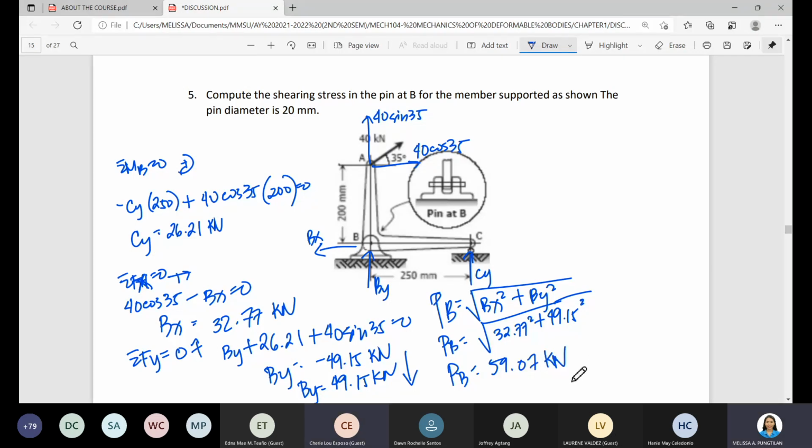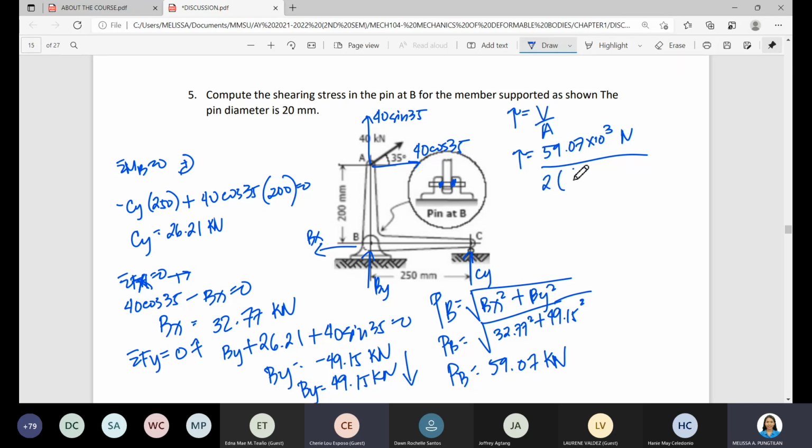Therefore, we are now ready to compute the shearing stress at pin B. Shearing stress is equal to V over A. Our V is equal to 59.07 times 10 raised to 3 Newton. And our area, as said earlier, this is double shear because our pin here will resist at this part, two of them.